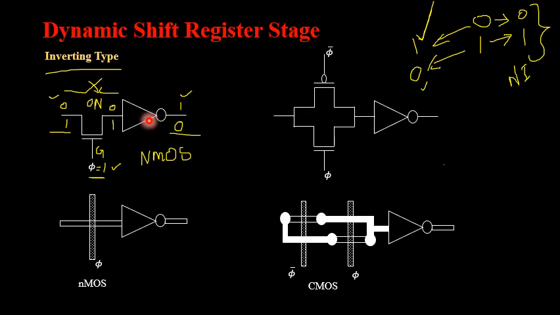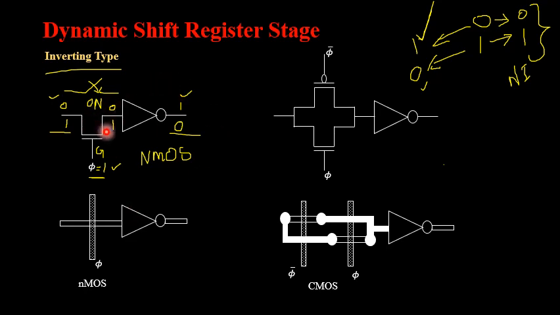If I am using NMOS logic, we know how to design an NMOS inverter. So this is one transistor of NMOSFET. To design an NMOS inverter, I require 2 more transistors. So 2 plus 1, in total I require 3 transistors to design an inverting type of dynamic shift register element in case of NMOS design.